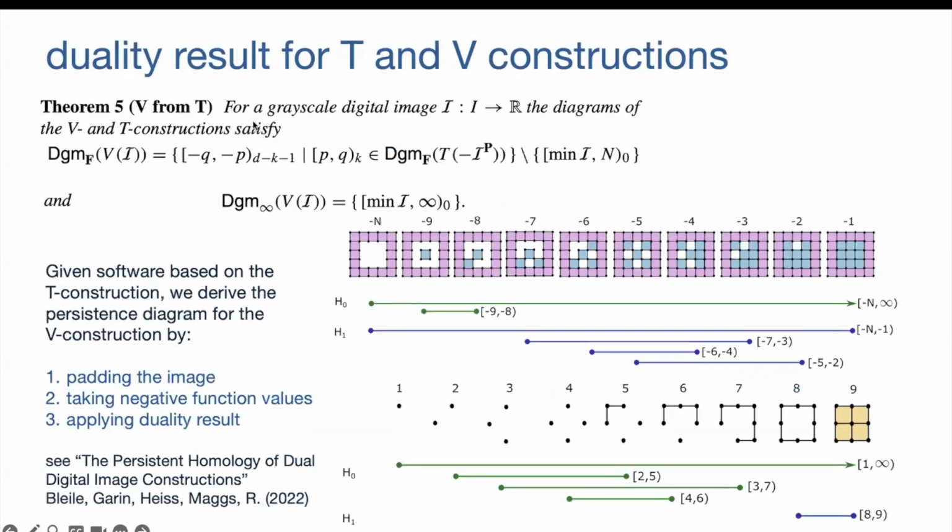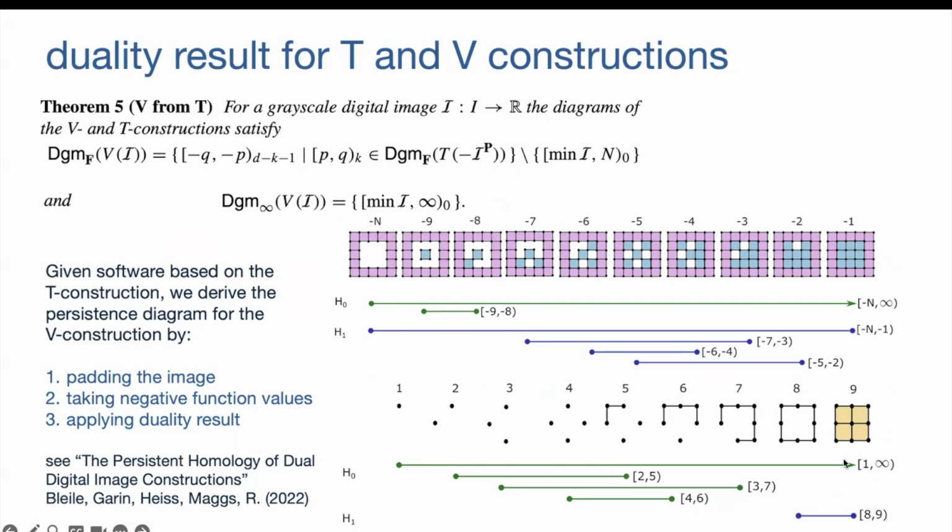So this is now the same theorem, but getting the V diagram given a T construction. Here I'm illustrating it for you in terms of that. Now I start my T construction with a −n cycle and I grow it like this, okay?